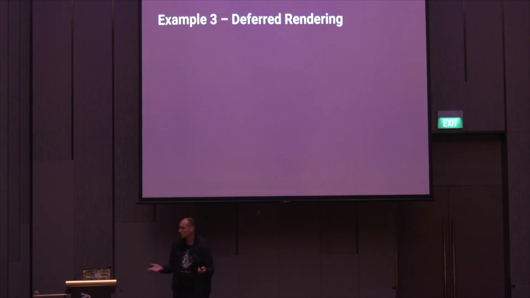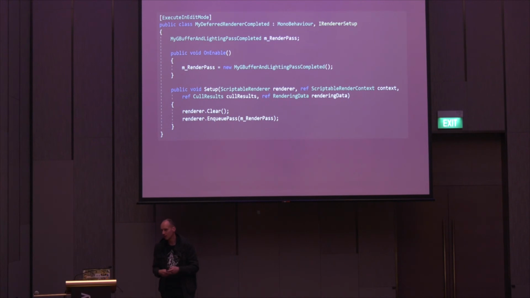So let's have a look at this deferred rendering example. I'm not going to show you the details of how it does the deferred rendering, but just how it sets it up. So I've implemented the IRendererSetup. And what this means is, hey, I'm going to tell you which passes to use. And then I have this setup function here. And in the setup function, I'm just saying EnqueuePass, that I'm enqueuing my deferred pass.